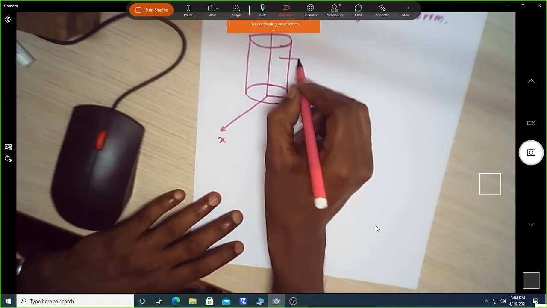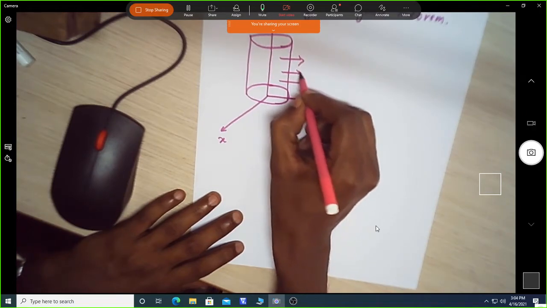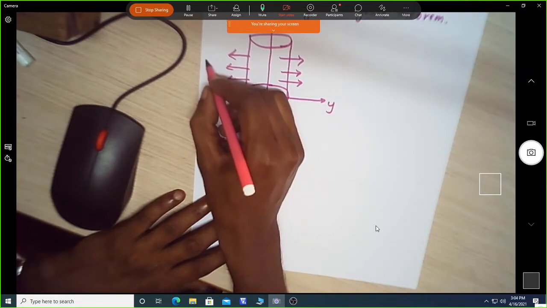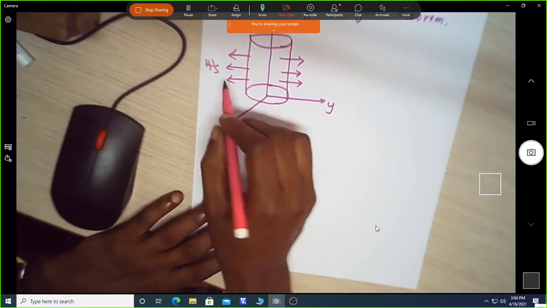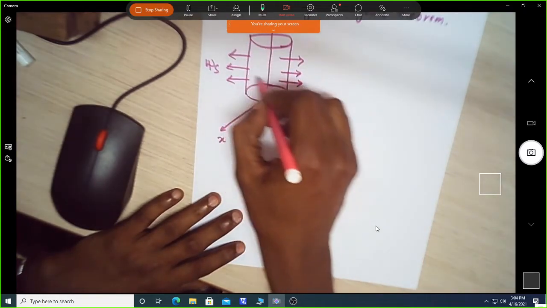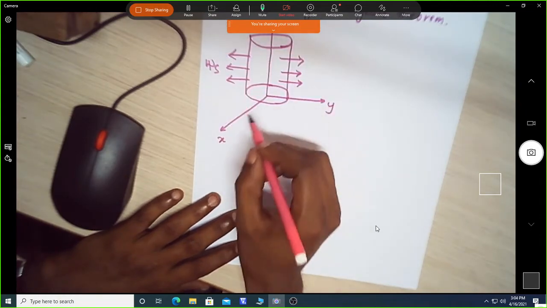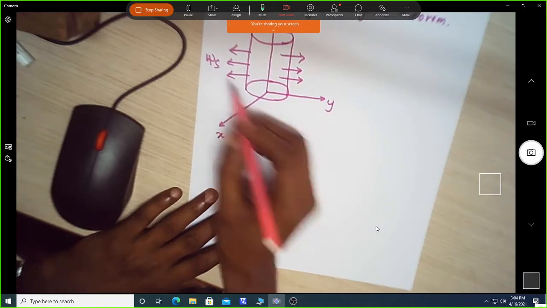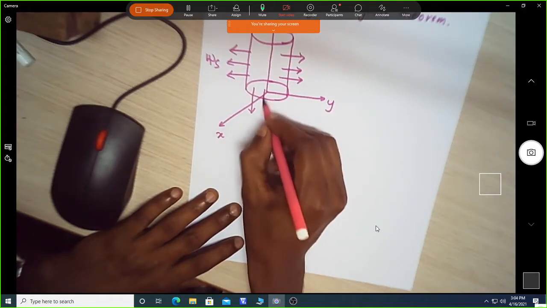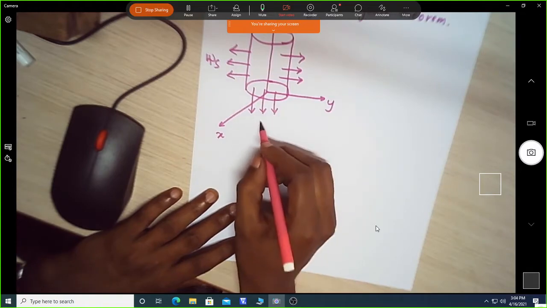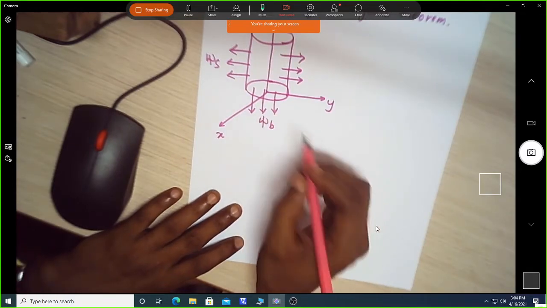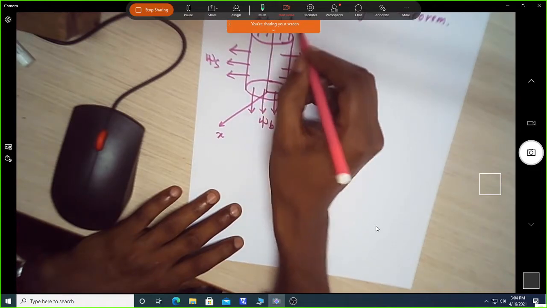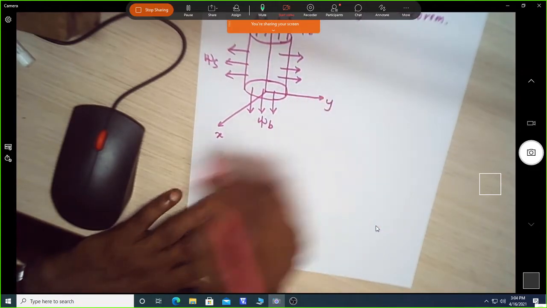The flux going through the curved surface we can call psi s, the flux through the bottom surface we can call psi b, and the flux going through the top we can call psi t.